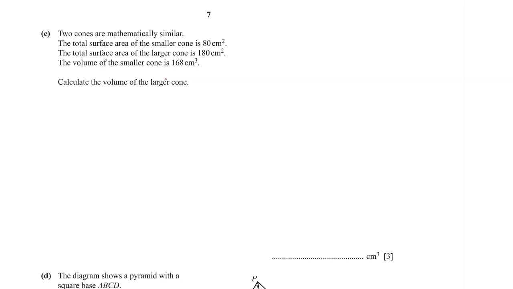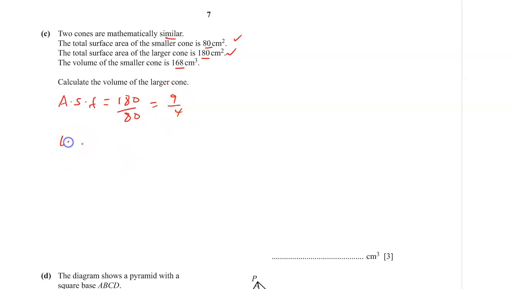Part C. Two cones are mathematically similar. The total surface area of the smaller cone is 80 centimeters squared. The total surface area of the larger cone is 180 centimeters squared. The volume of the smaller cone is this. Calculate the volume of the larger cone. So the area scale factor is 180, the bigger cone, divided by 80, the smaller cone, which is 9/4.